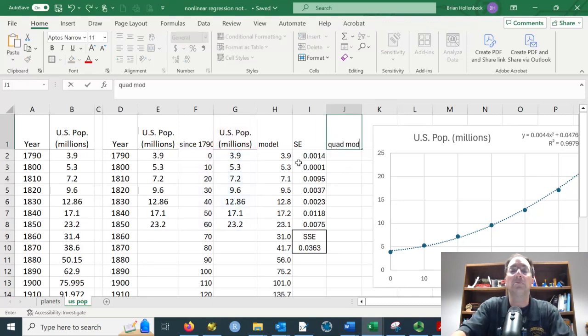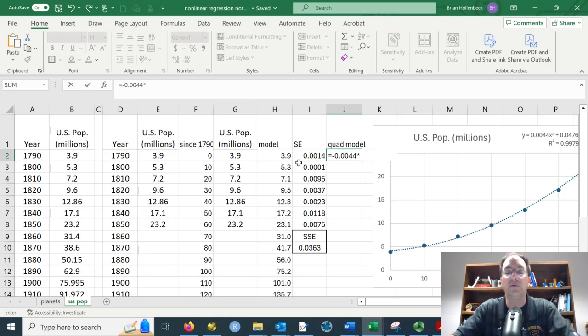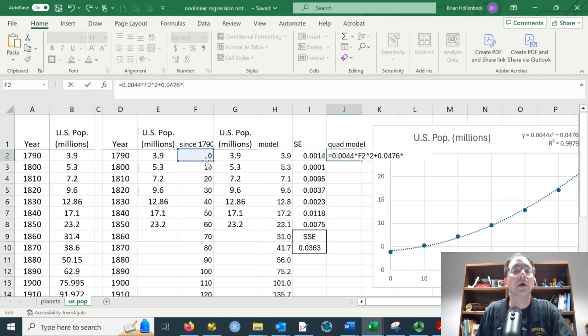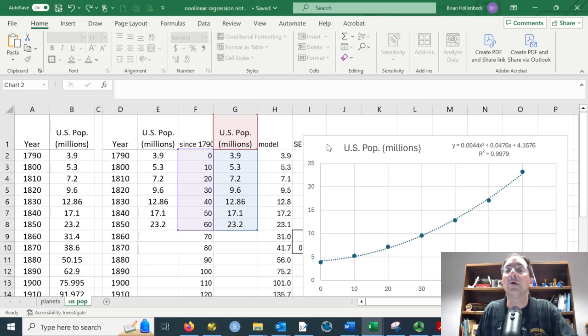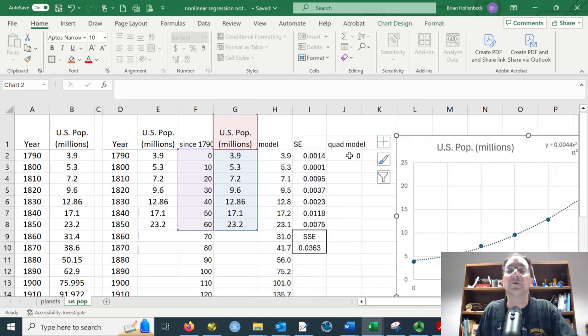So our quad model is 0.0044 times that squared plus 0.0476 times that plus 4.1676.